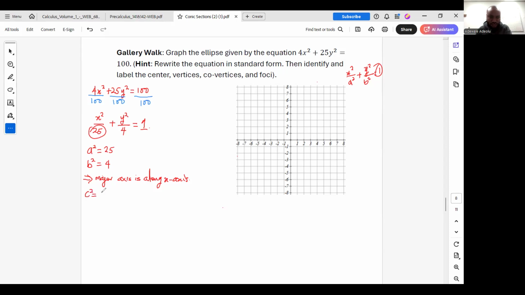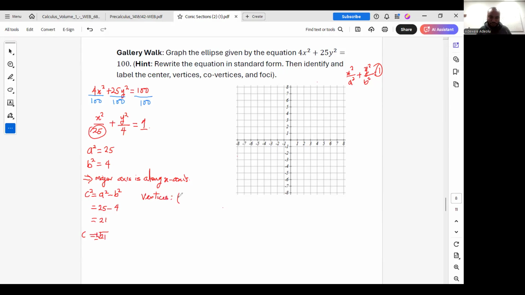So c squared is a squared minus b squared, which is 25 minus 4, which is 21. So c equals the square root of 21, so plus or minus square root of 21. So now we can find our vertices.